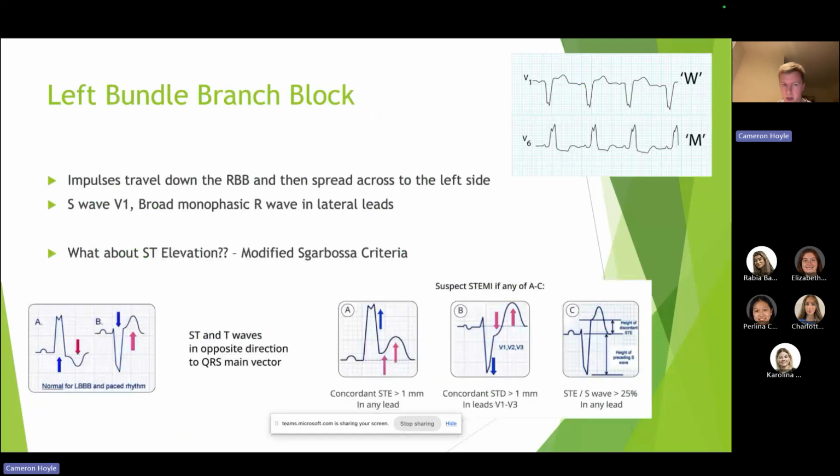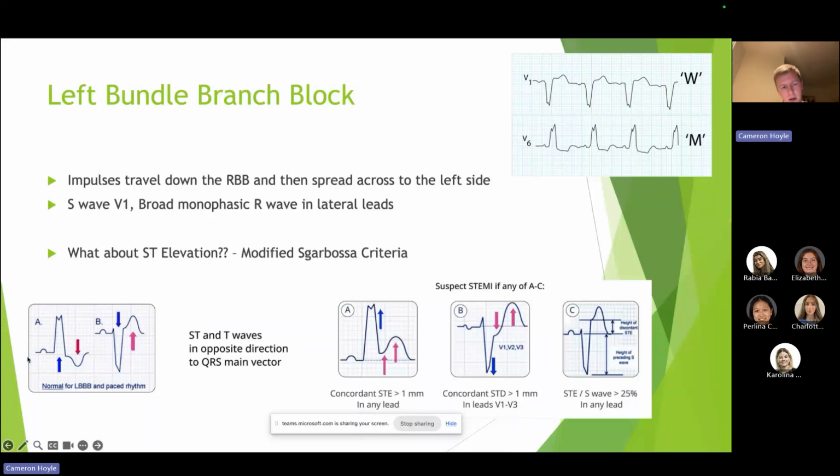You mentioned the ST elevation, and you're right. Left bundle branch block does tend to have a little bit of ST elevation. If you look at this picture in the bottom left-hand corner, in left bundle branch block you need to have what we call discordant changes, which means that if you've got abnormal depolarization, which is what this broad QRS complex is, you will have abnormal repolarization.